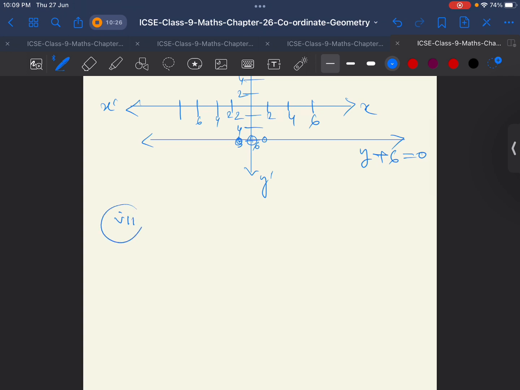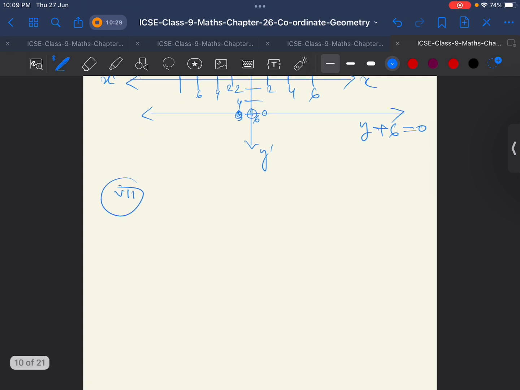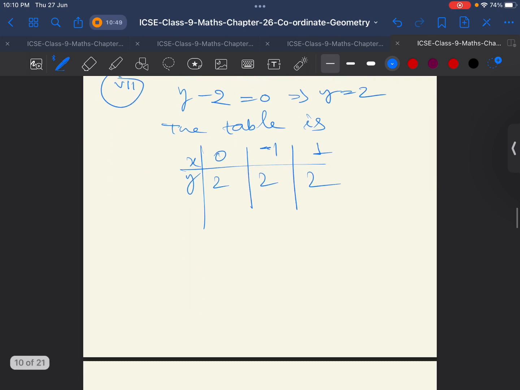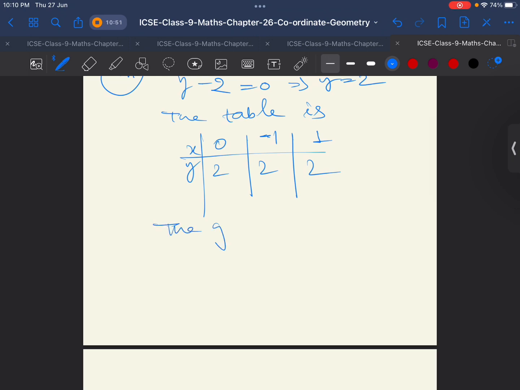Now question 7, y minus 2 equals 0. So the table is, this implies y equals 2. For y equals 2, x is 0, minus 1 and 1. The graph is, draw x dash and y dash.